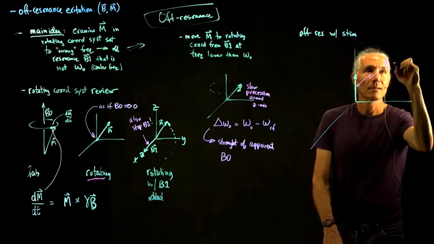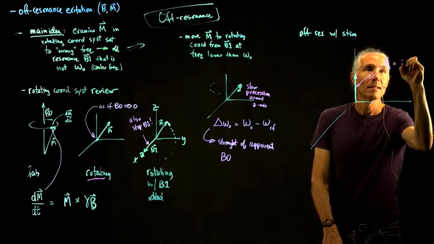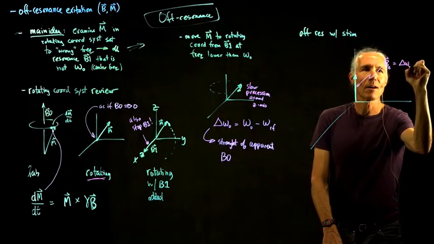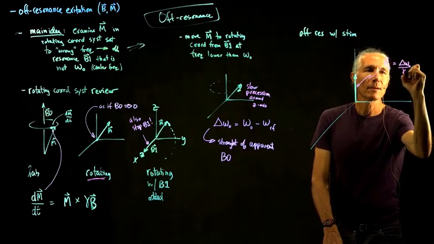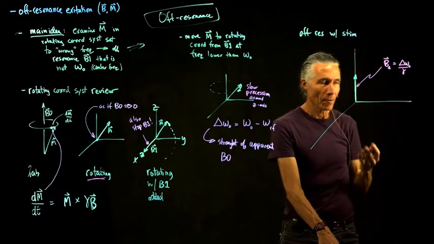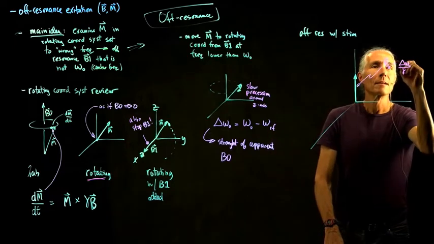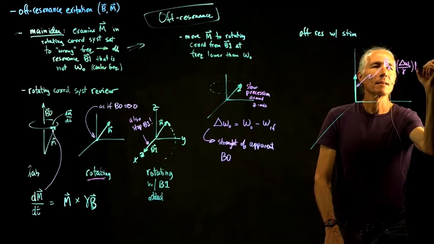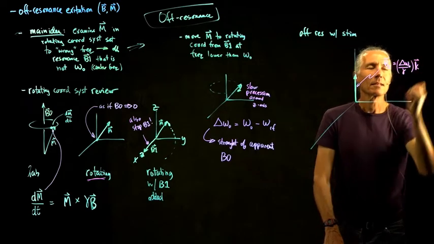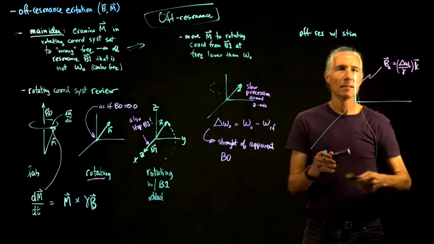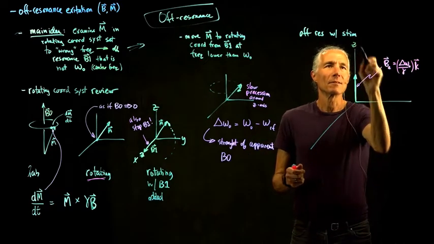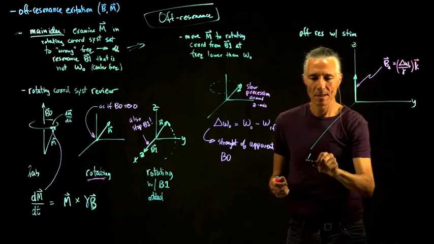That equals the frequency offset divided by the gyromagnetic ratio. That's just to turn it into a B, and that is times the unit vector in the k direction. K is the z direction, so here's z and y and x.